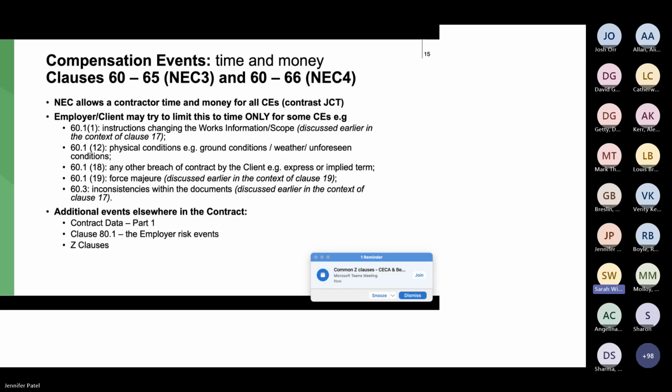So it leaves a wider ambit for claims. So JCT has a wider ambit for claims, but you don't necessarily get your loss and expense for all of them. NEC has a narrow ambit, but you get your extension of time and your money relating to that time. So just be careful of that and bear in mind that it's not as simple as saying, well, this is just following JCT.